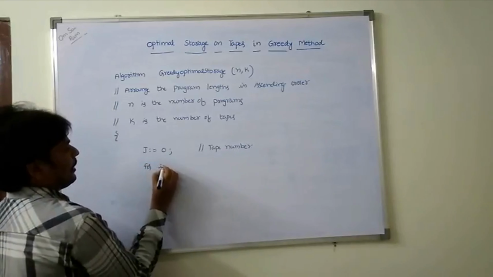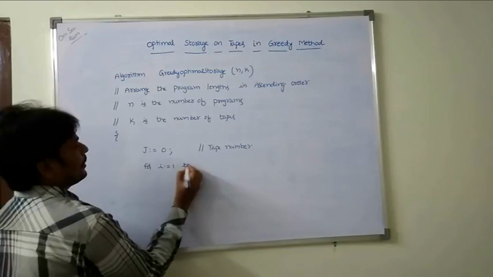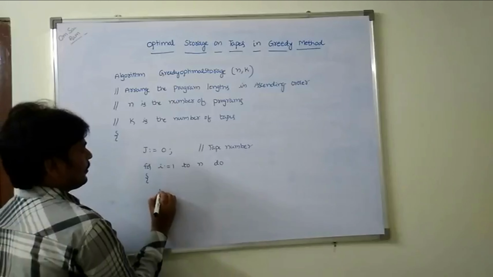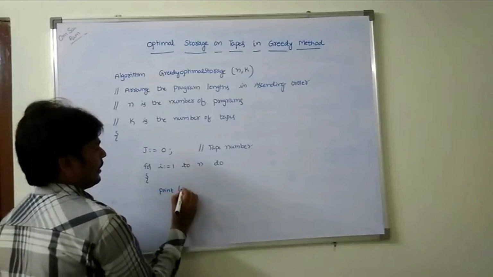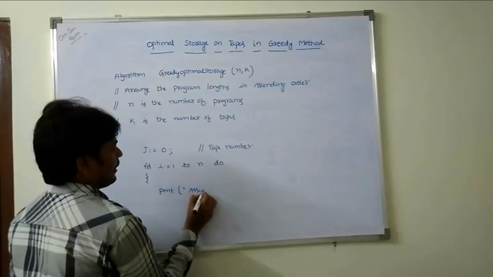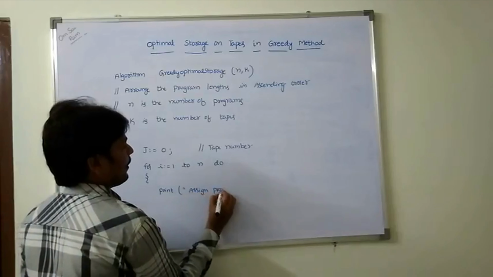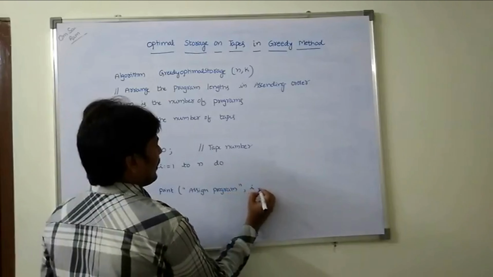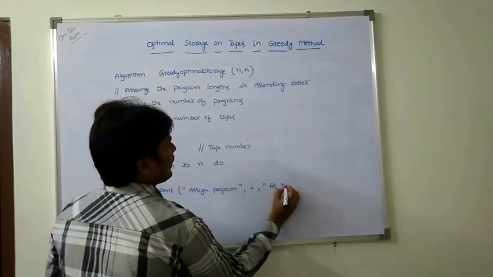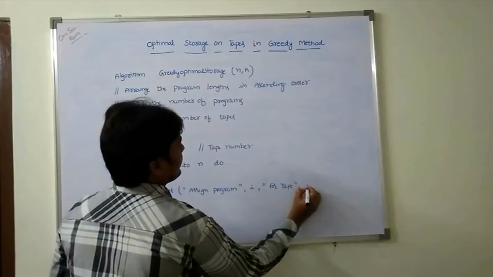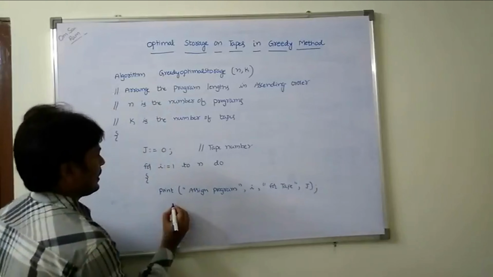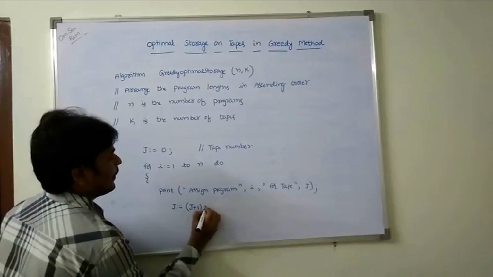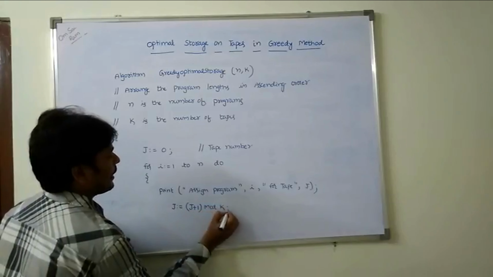For I is equal to 1 to n, do: print assign program I for tape J. Next, J is equal to (J plus 1) mod K.